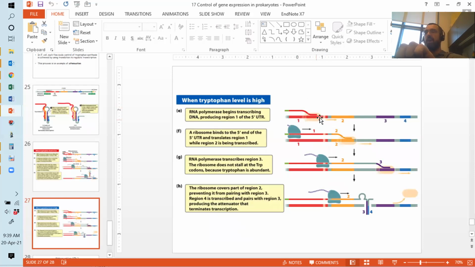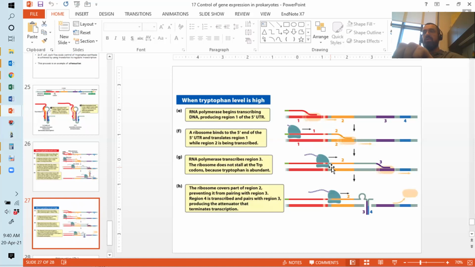And remember, this is RNA polymerase and this is the ribosome. And so these 2 things travel at a similar speed, right? So if there are trp tRNAs available, when this ribosome gets those trp codons, it can incorporate tryptophan into the polypeptide.